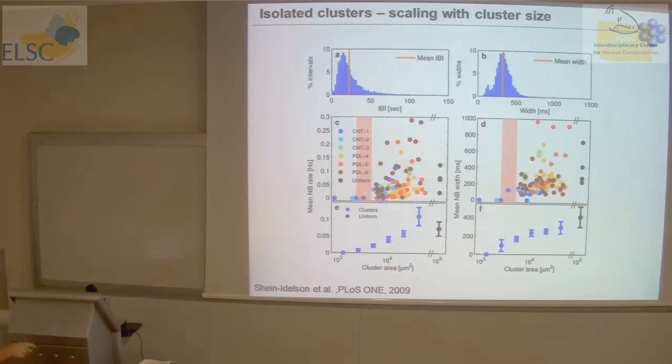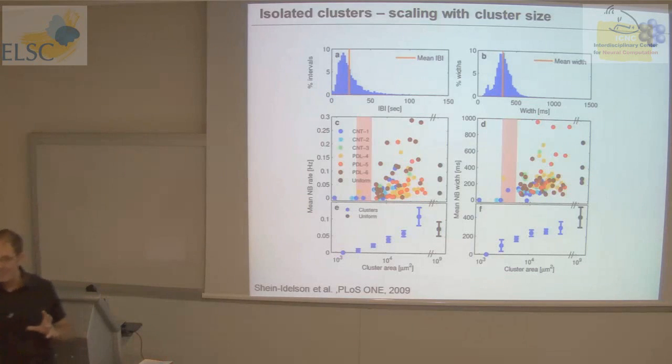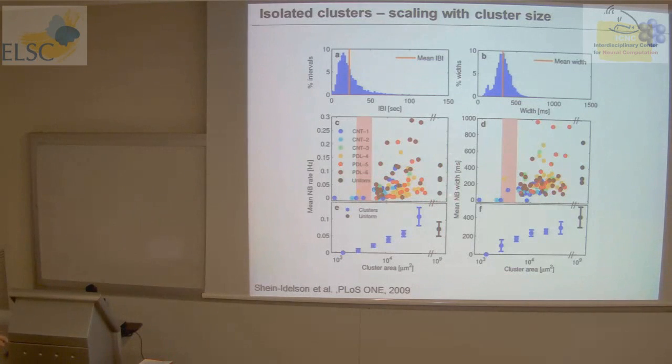Now, if you increase the size of the network, you have a slight increase in the burst rate and in the burst width, but this increase is not significant. Nothing dramatic changes when you change the size of the network. And actually, clusters of about 100 neurons already show similar statistical features to large uniform networks of hundreds of thousands of cells, marked here in black.